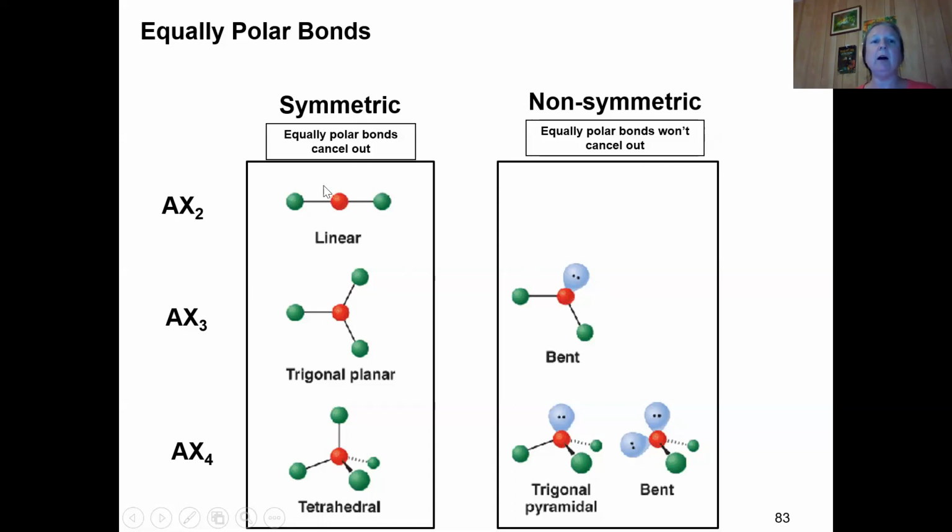Same thing. So all of your electron group arrangements, if there are no substitutions, if you have the same atom on each, it's going to be nonpolar because you have equal and opposite pole. But as soon as you have an E in there, you have an electron group. You have AX2E, AX3E, AX2E2.